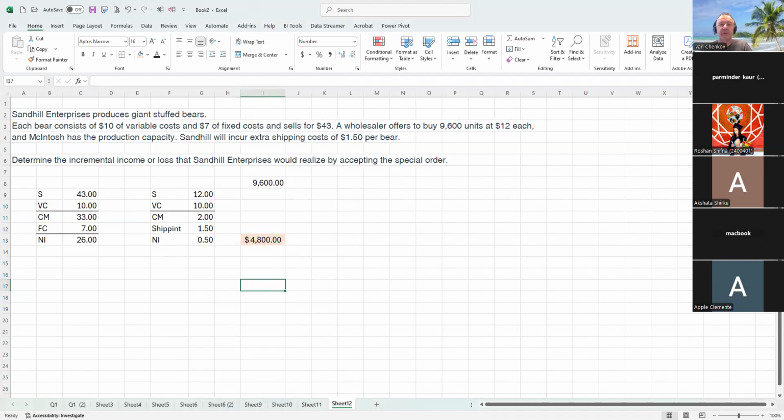Professor, on the second one, we also have the fixed cost. Do you have to consider the fixed cost? The net income will be negative six. Again, in the special order, are we considering the fixed cost?